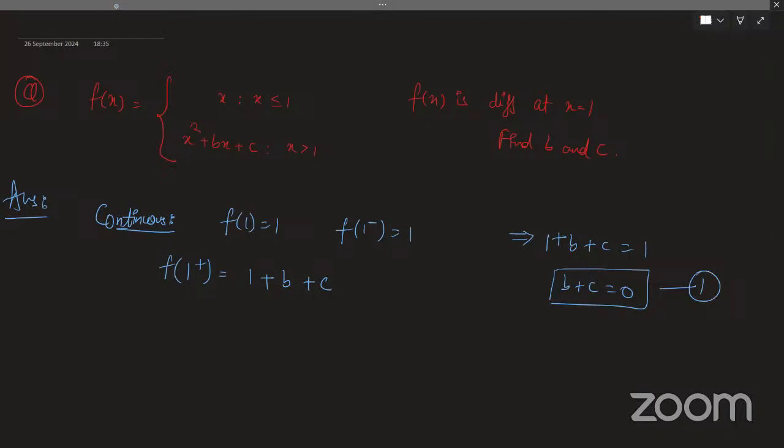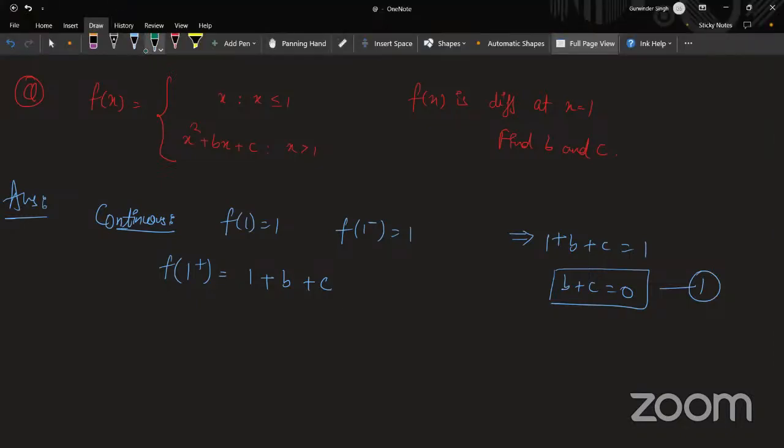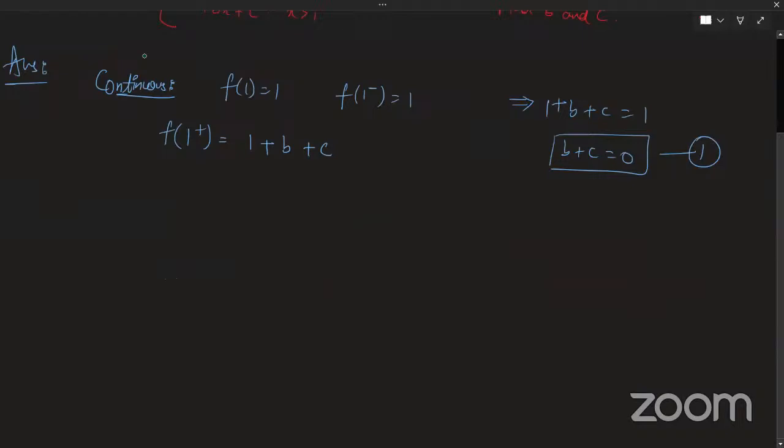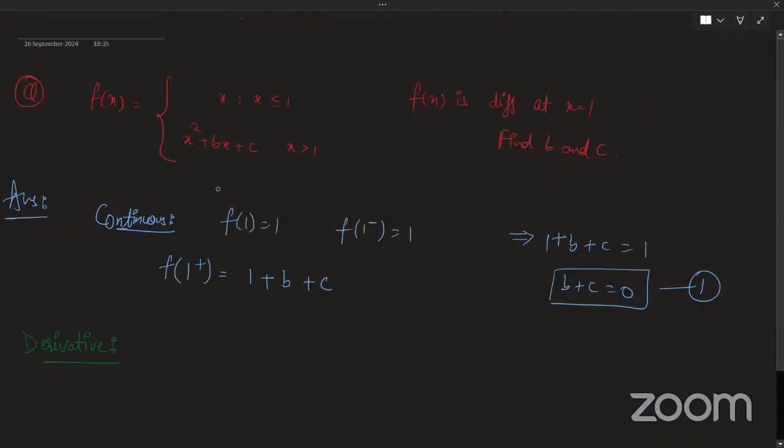After going for the continuity check, we should go for checking if the derivative exists or not. So let us go for the derivative test. Can you just tell me what will be the derivative of this thing?